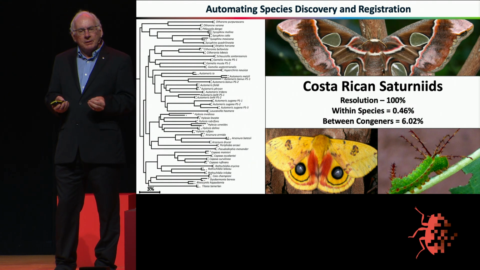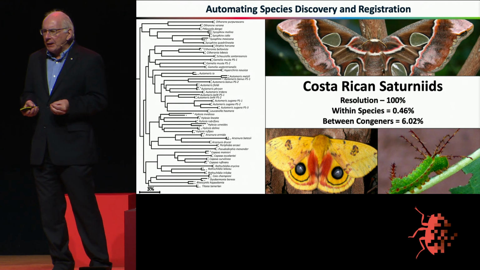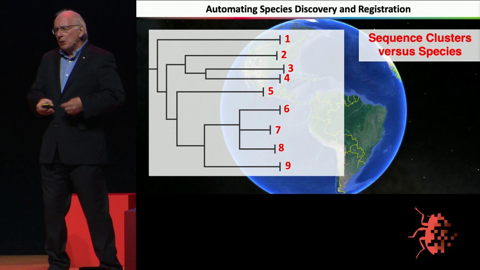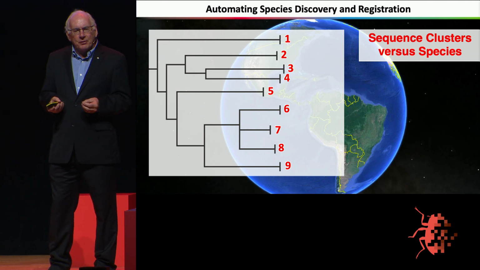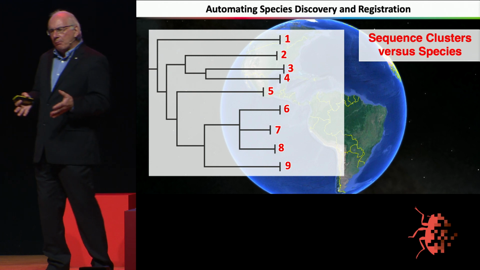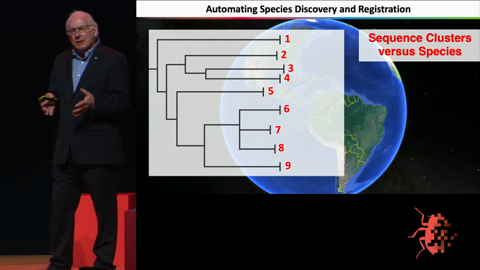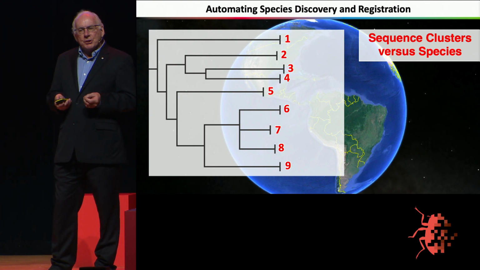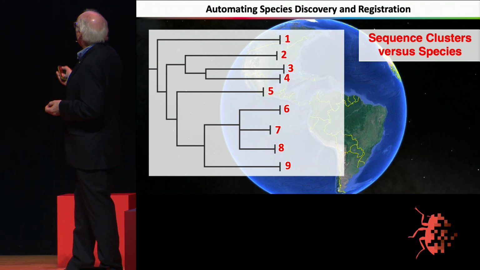So when you have a pattern like that, you realize that you can use methods to delineate the number of sequence clusters. And so that's what the barcode index number system is doing. It takes sequence data and inspects it and decides upon, in an automated way, the number of sequence clusters. So now we have sequence clusters.